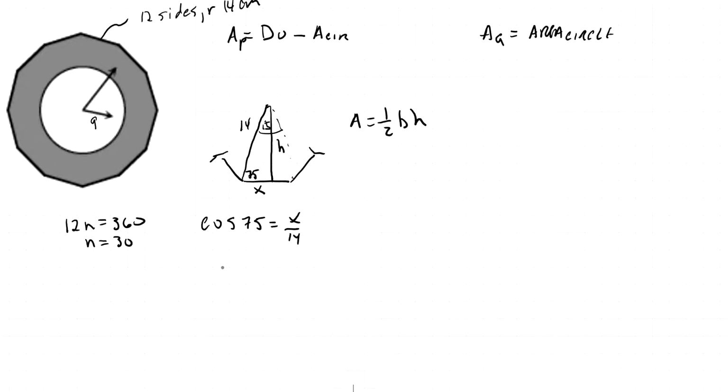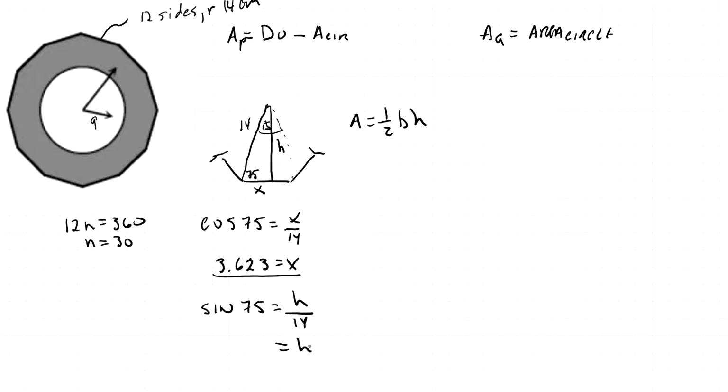so this is going to be 3.623 equals x. And then we know the height is going to be equal to sine of 75 equals the height over 14.